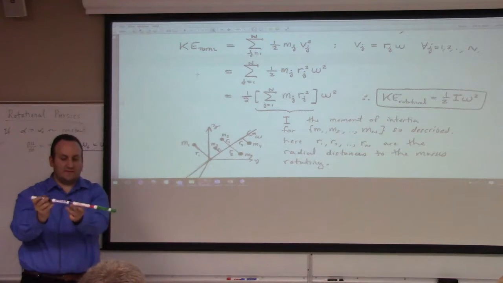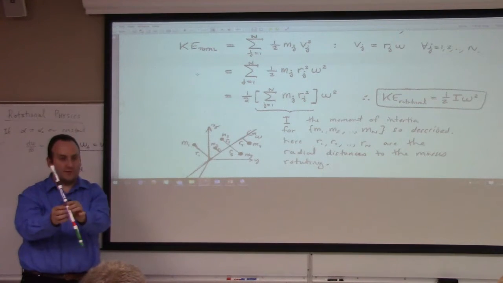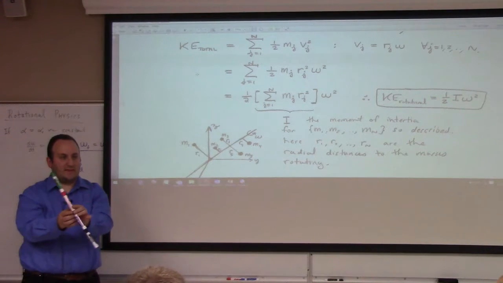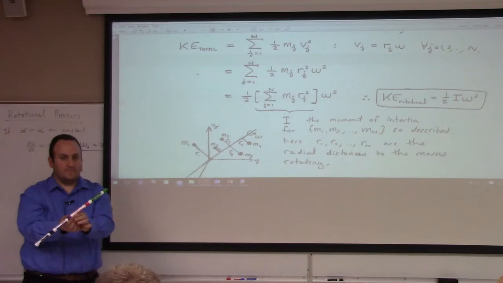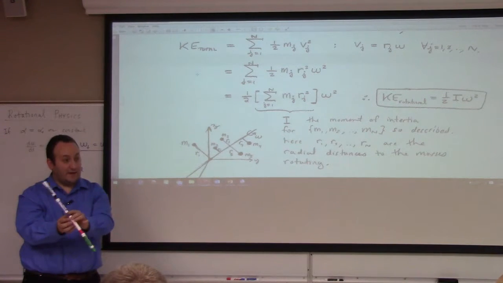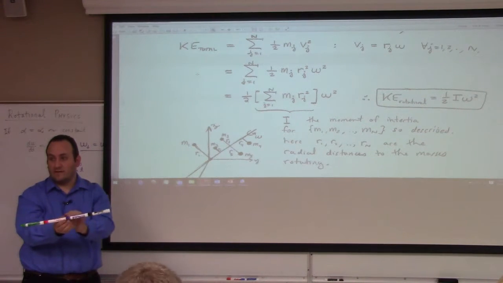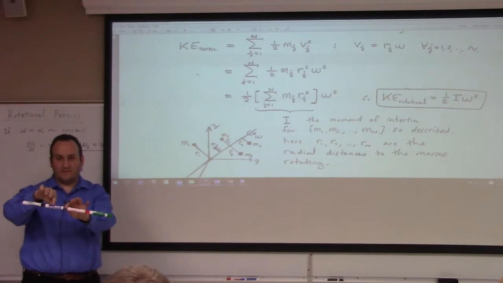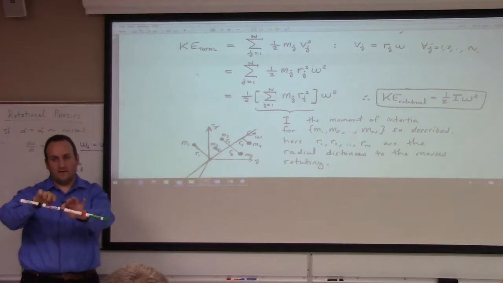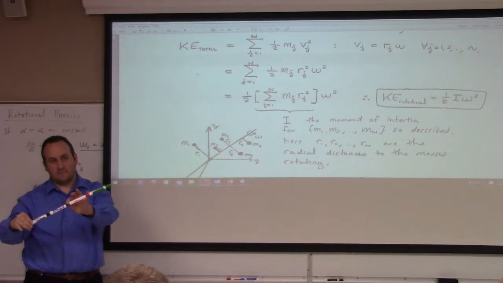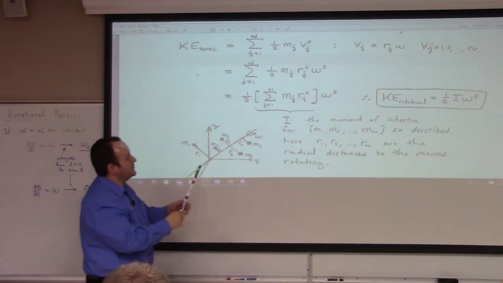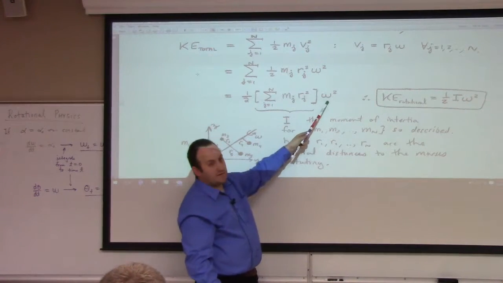What's the connection between the angular velocity of different points? How many radians per second are the points on the markers not at the pivot point going? They're all going the same angular velocity. That's why this is a rigid body. They don't share the same linear velocity. This piece is going much faster than this piece as it spins. But they all share the same omega. See that?